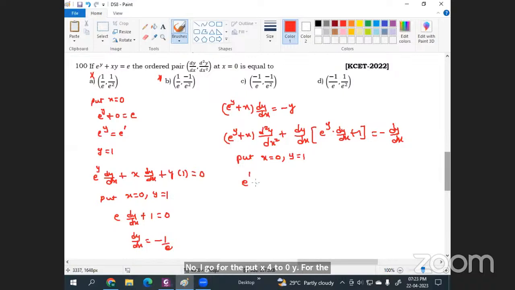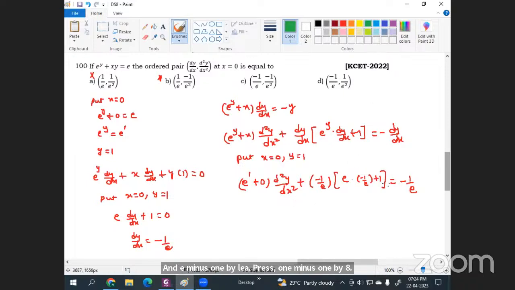So e power 1 plus 0 d square y by dx square plus dy by dx is minus 1 by e, and e into minus 1 by e plus 1 minus 1 by e, right?